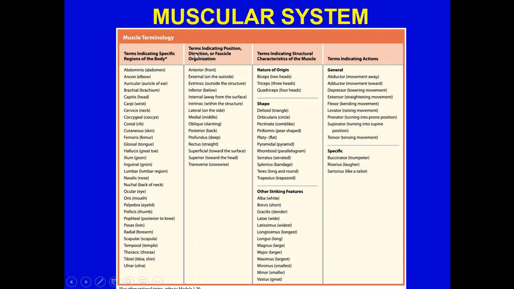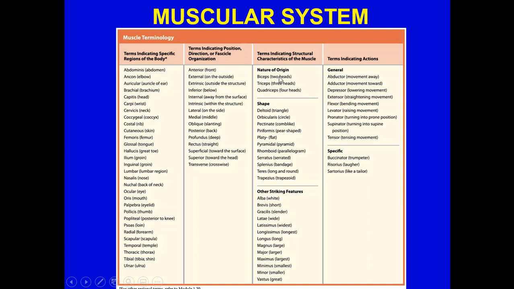Terms indicating position, direction, or fascicle orientation. Anterior, posterior, lateral, medial, oblique, rectus, superficial, okay? Extrinsic, intrinsic, transverse, etc. Terms indicating structural characteristics of the muscle.